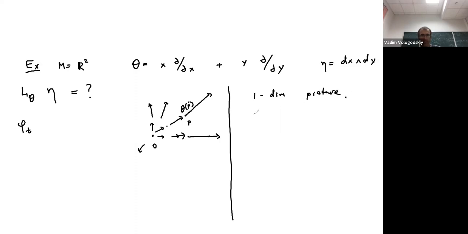So theta is x d over dx. It's a vector field on the line. Right? Restriction of that vector field. And let's try to find phi sub t.